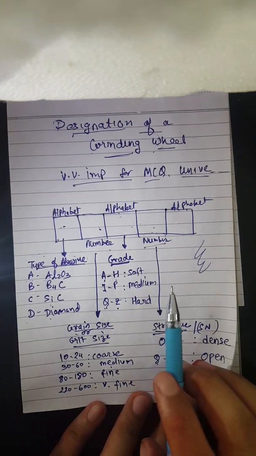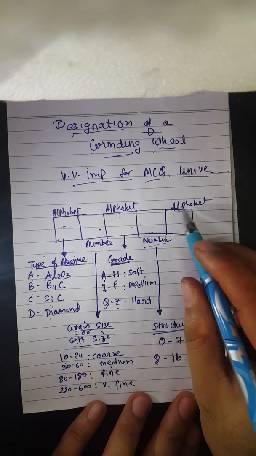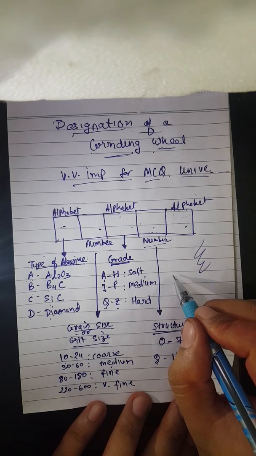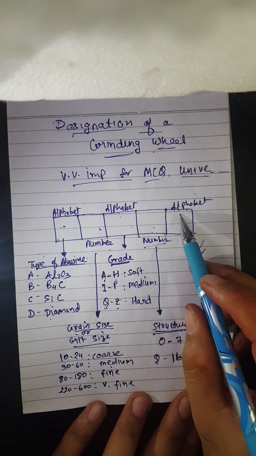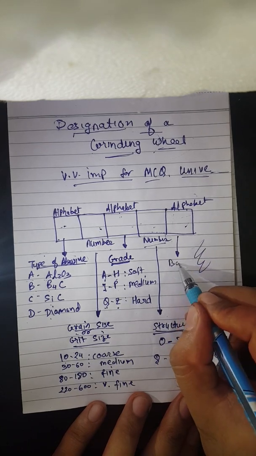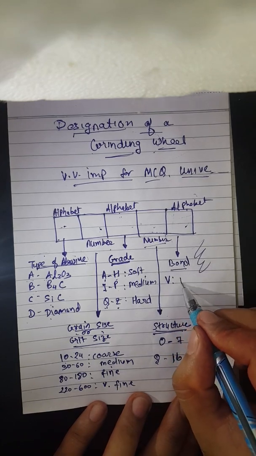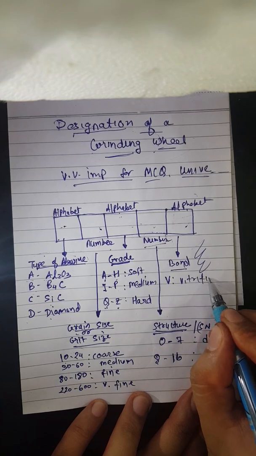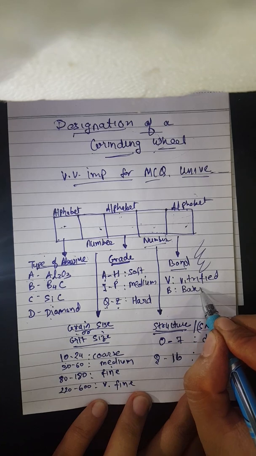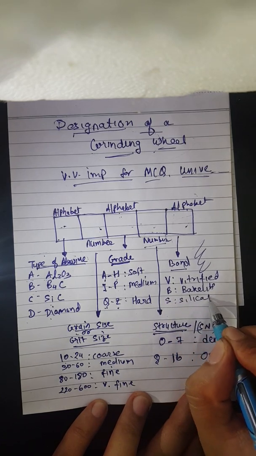All right. So now moving on to the last block, which is an alphabet. The last block gives you the type of bond. If the last alphabet is V, it is vitrified. If it is B, it is bakelite. If it is S, it is silicate.